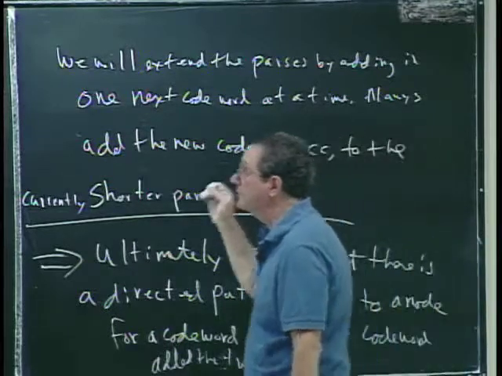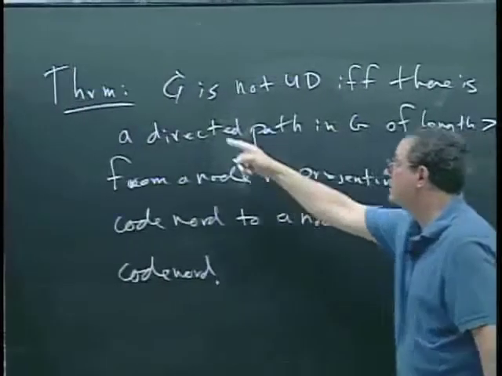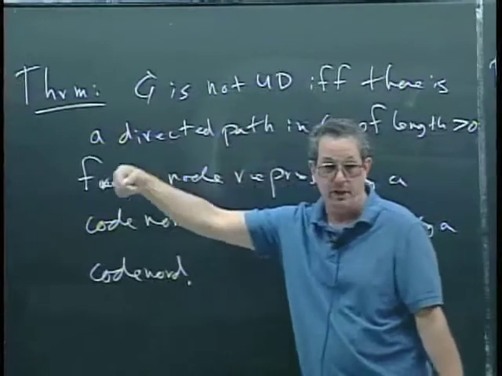So that proves the theorem in one direction. That proves the theorem that when C is not uniquely decipherable, there is this path.